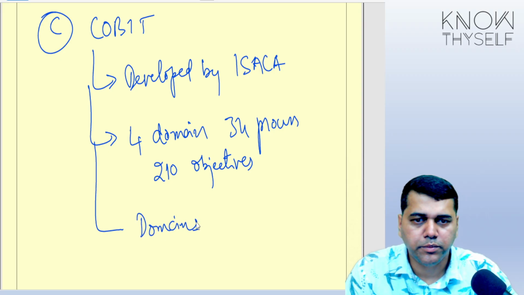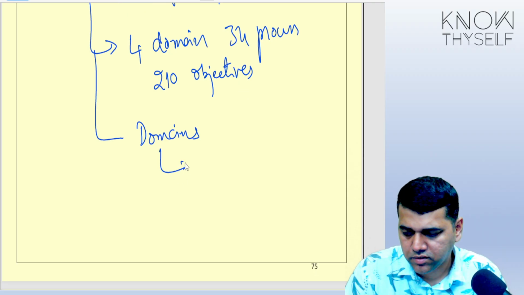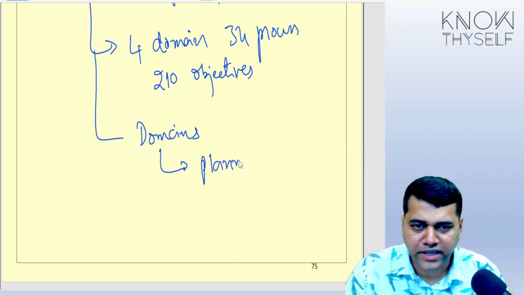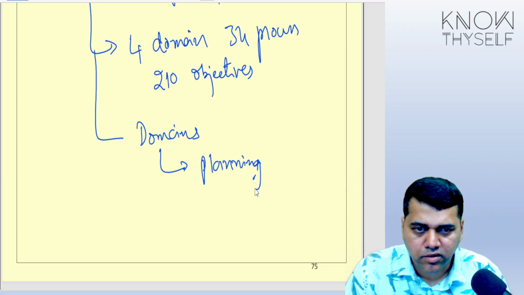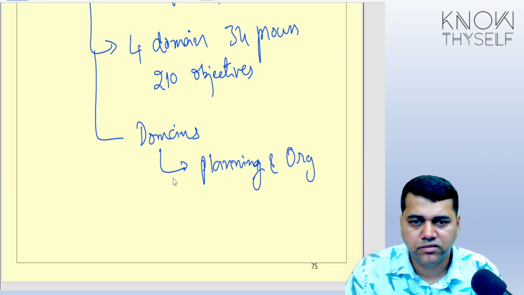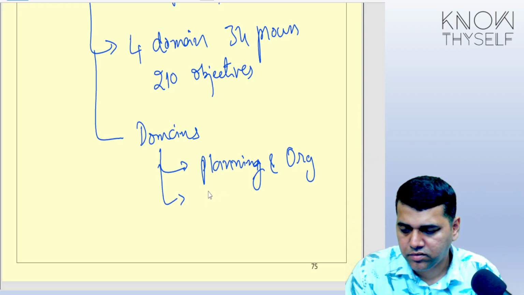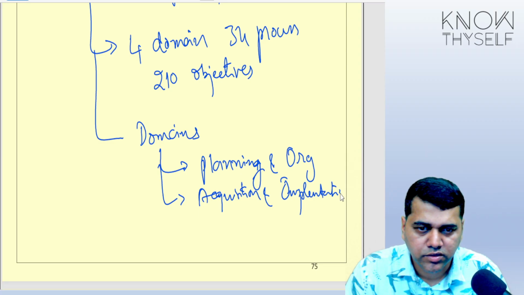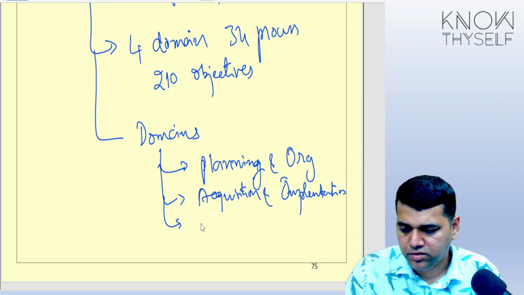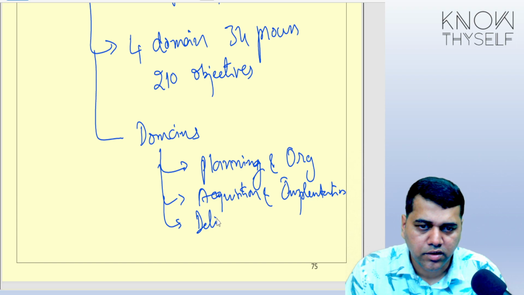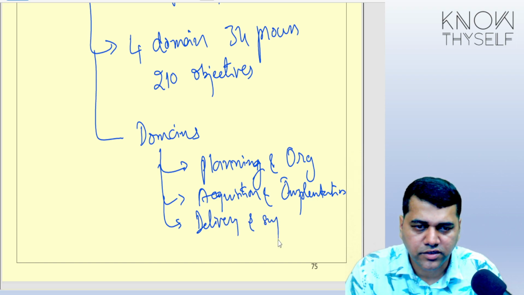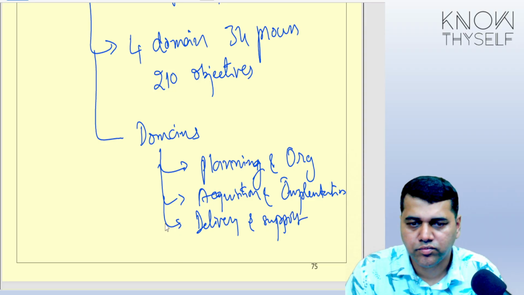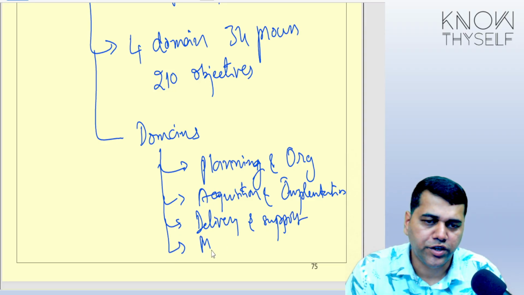So which are all the domains? Planning and organization, acquisition and implementation, delivery and support, monitoring.